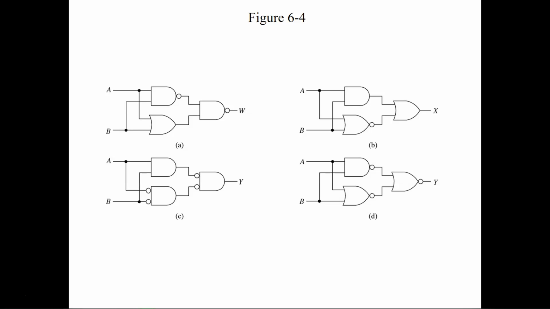Okay. What do the little bubbles mean if they're on the back end of it? It's inverted before it goes in. It's inverted before it goes in, very much. Does it make sense to everybody? Yes, ma'am. All right.